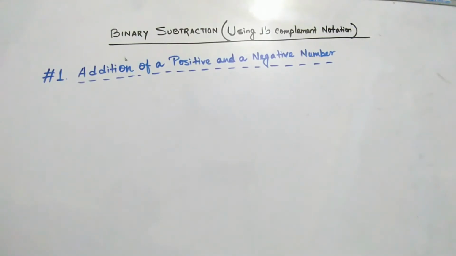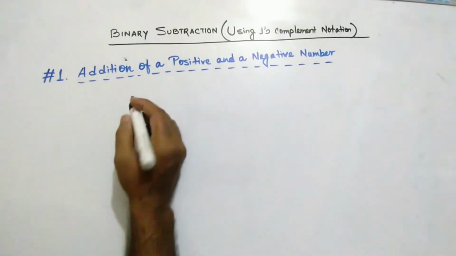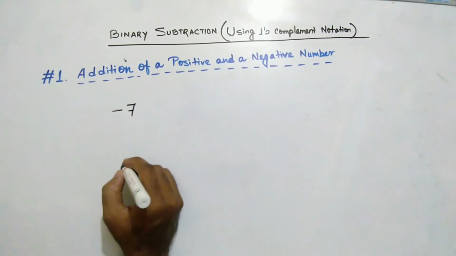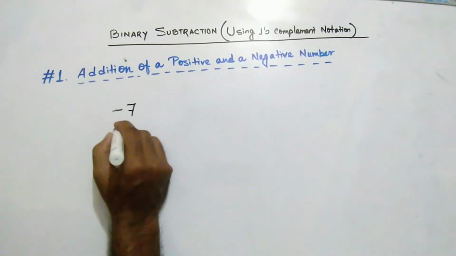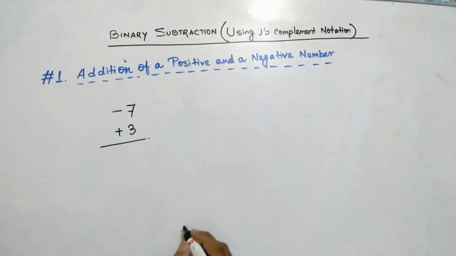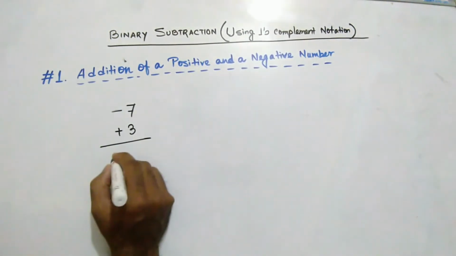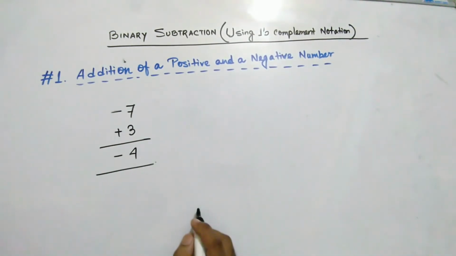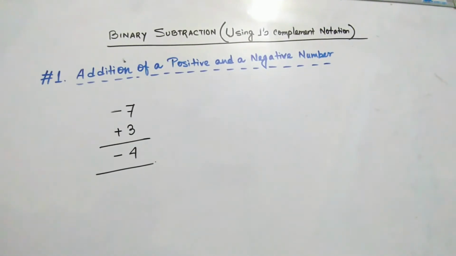Now in the next case, we have a negative number with greater magnitude and a positive number with lesser magnitude. So in this case, the answer should be a negative number. This can also be done using ones complement notation.